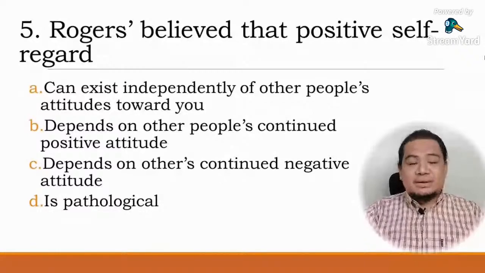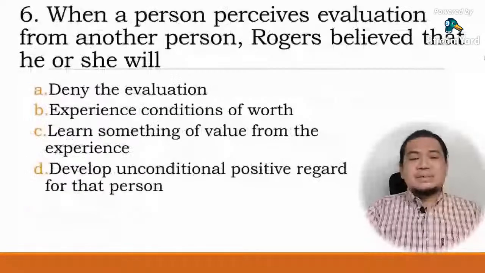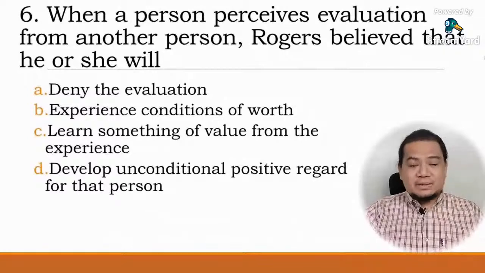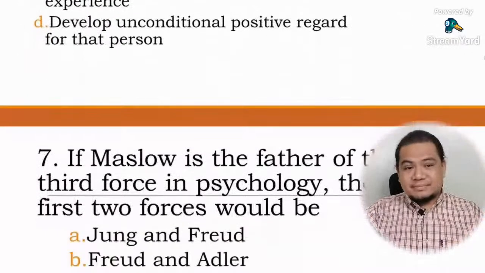Or D, is pathological. Number 6. When a person perceives evaluation from another person, Rogers believed that he or she will A, deny the evaluation, B, experience conditions of worth, C, learn something of value from the experience, or D, develop unconditional positive regard for that person.